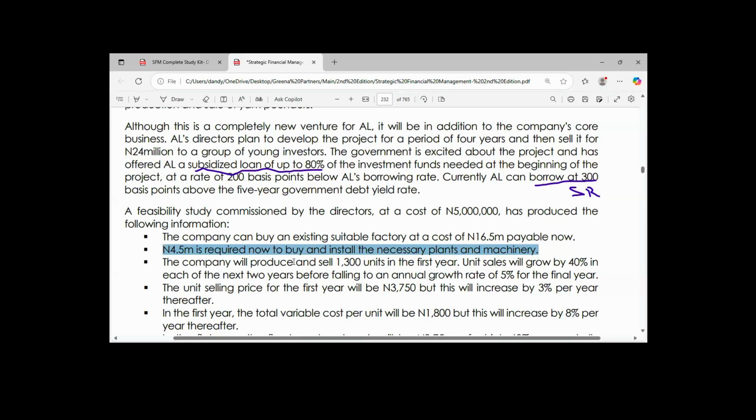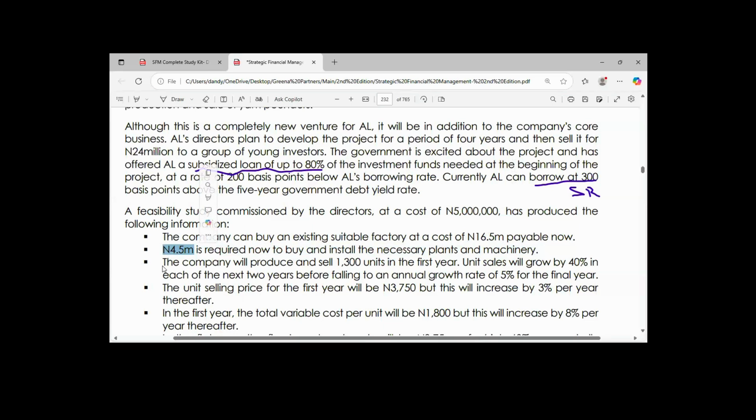So that 4.5 million naira qualify for capital allowance. So you are going to compute capital allowance on that. However, the total initial outlay would then be equal to 16.5 million plus 4.5 million. That will give us total outlay.